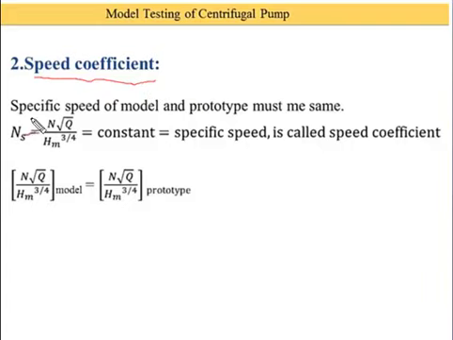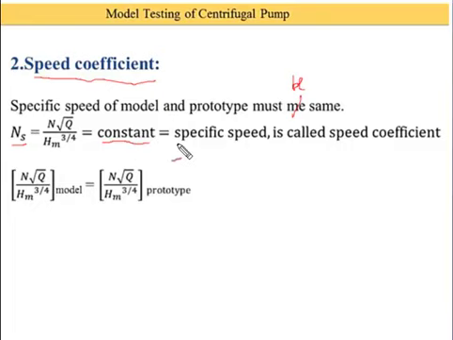Here the specific speed of model and prototype must be same. It means the specific speed of a model and of a prototype model must be same. We also know that specific speed ns is equal to n under root q divided by hm to the power 3/4. This is equal to constant.